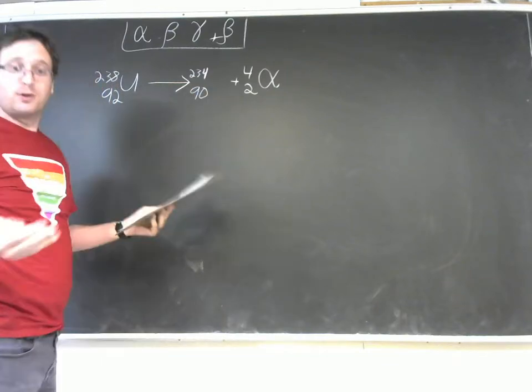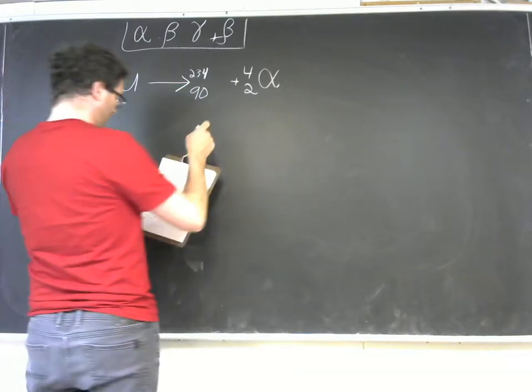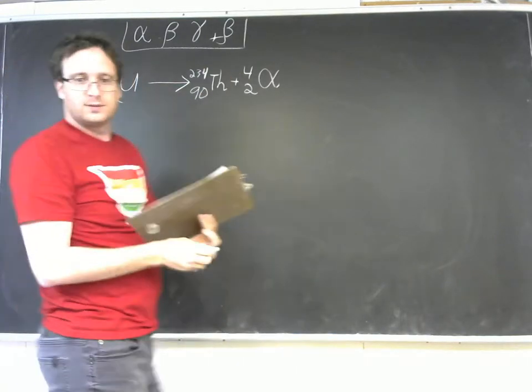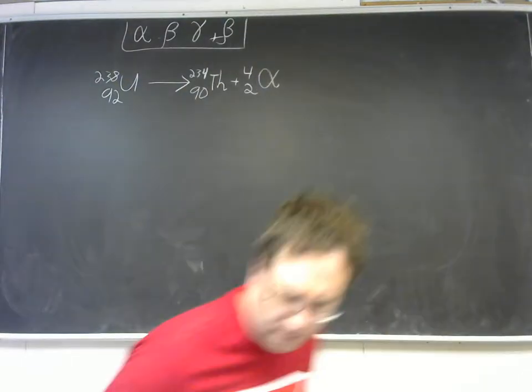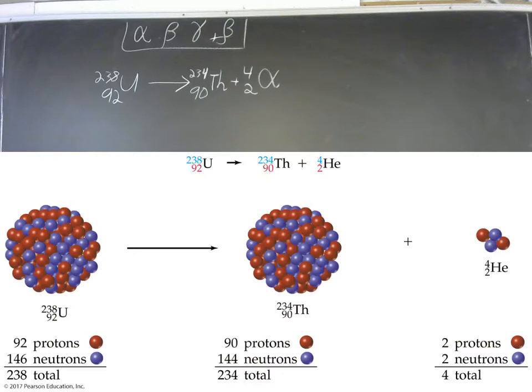Now we go look at the periodic table. What's element 90? It looks like it is thorium. So we've got a figure that shows alpha decay. This is figure 11.3.